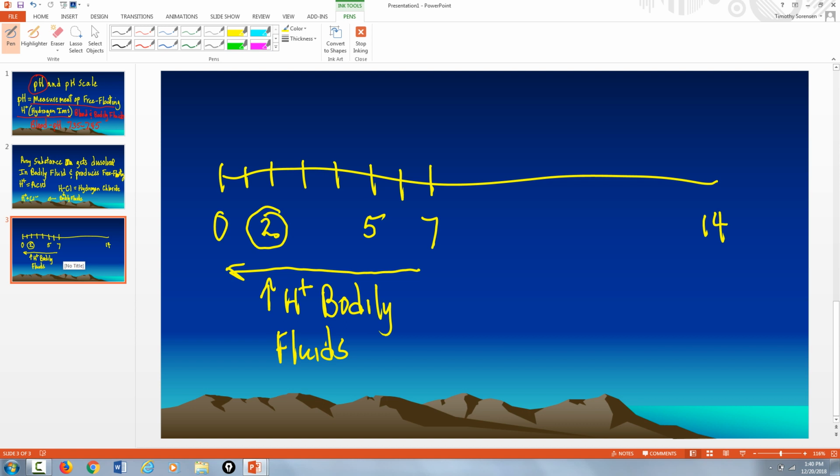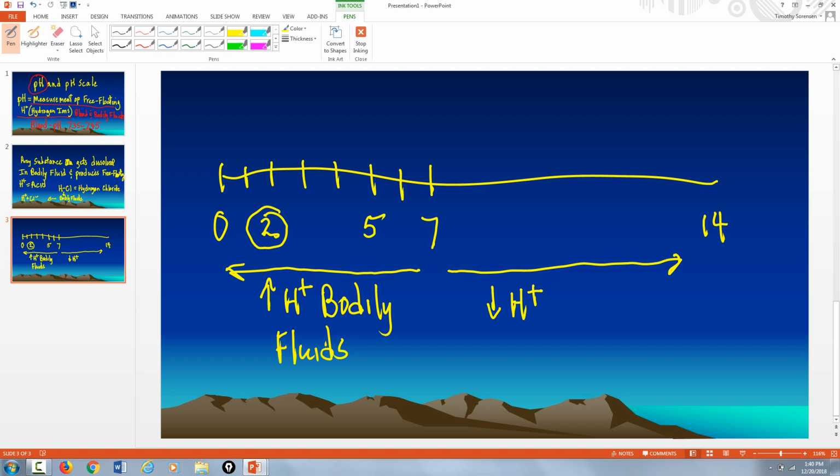The higher the number on the pH scale, the fewer free-floating hydrogen ions you have. When you go above 7, the amount of free-floating hydrogen ions is decreasing. I know it's a little counterintuitive, but you're going to have to deal with it. Otherwise, I've got to give you a math equation, and that could lead to some trouble.